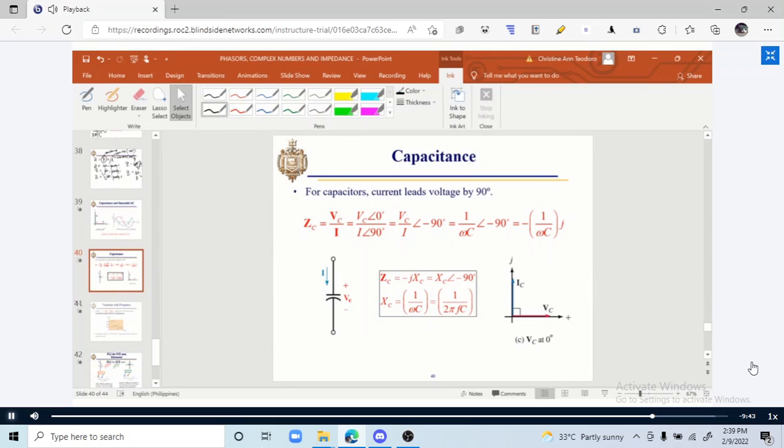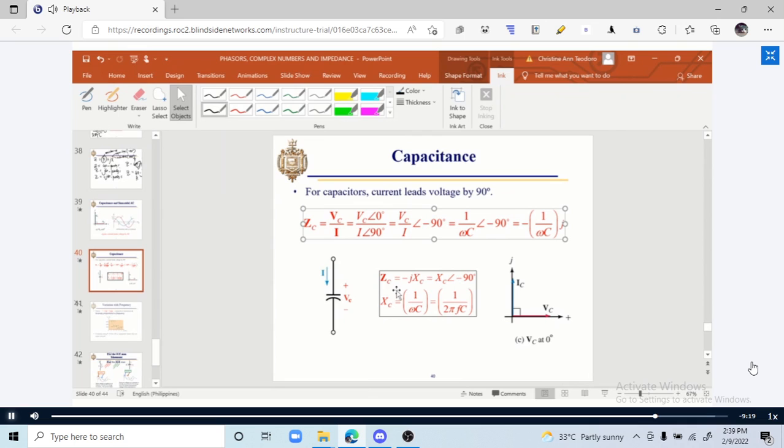Okay, wherein our XC, yes, Francis. Okay. So wherein our XC is also equal to 1 over omega C, or equal to 1 over 2 pi FC.